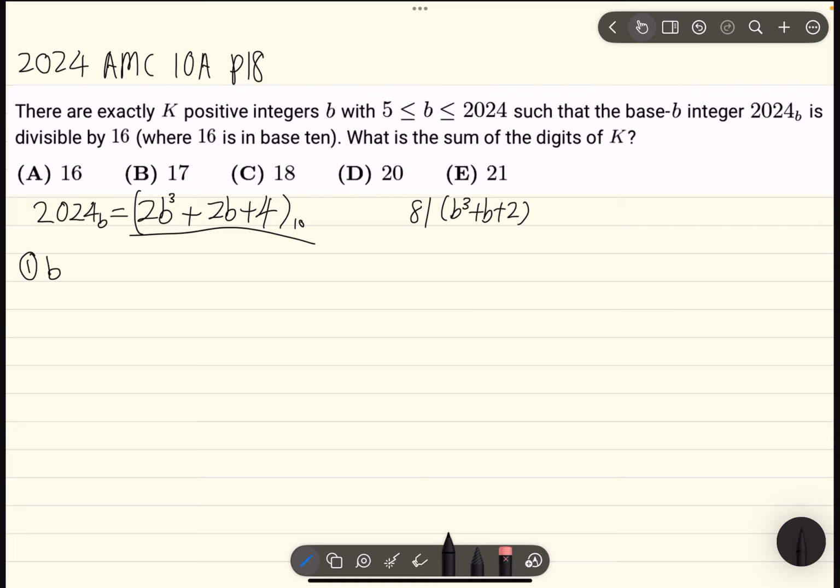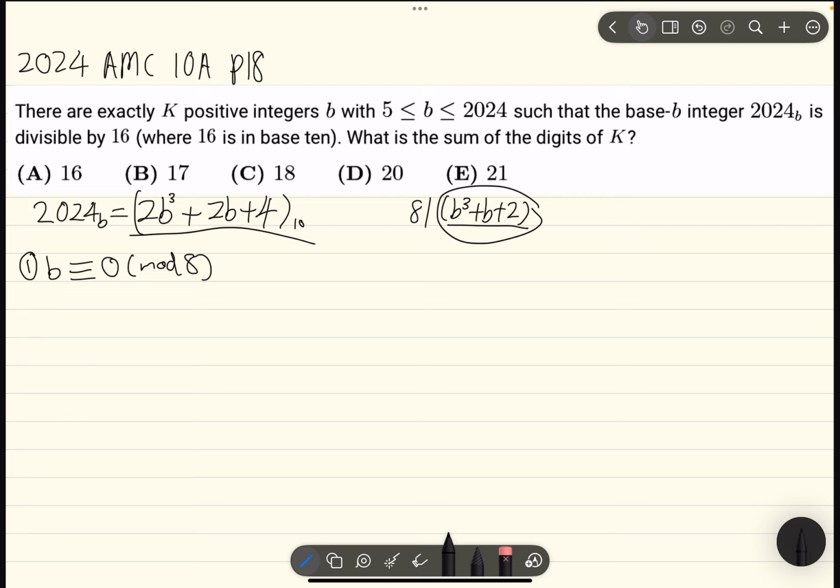Firstly, casework: there are only 8 cases, so we can just test each of them out. Whether this expression is divisible by 8 depends on b's remainder when divided by 8, because the only variable here is b. 2 is a constant. So let's say b was divisible by 8.